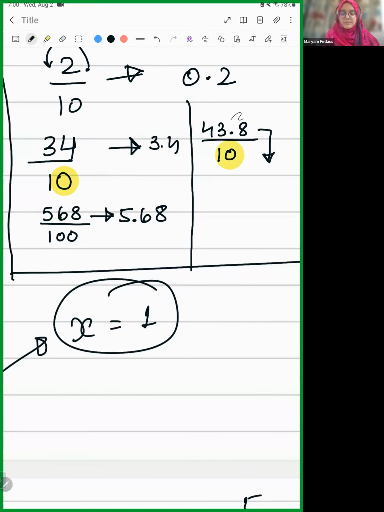One place. So what does the decimal become now? It becomes 4.38. Not 38, 4.38. Okay, 4.38. Okay, now next.